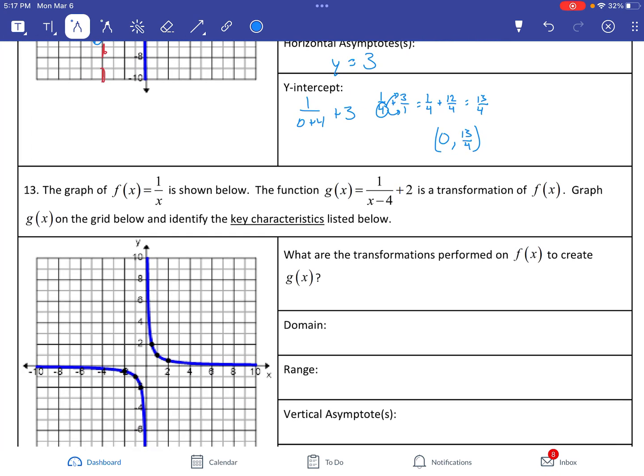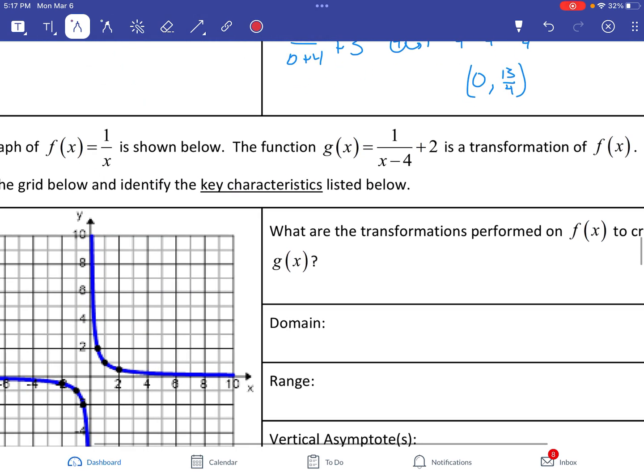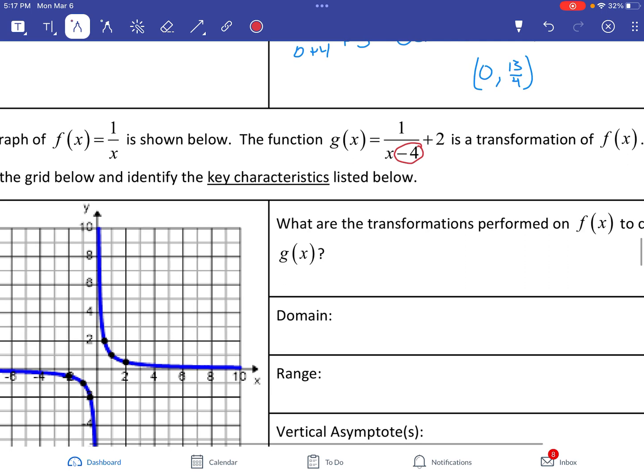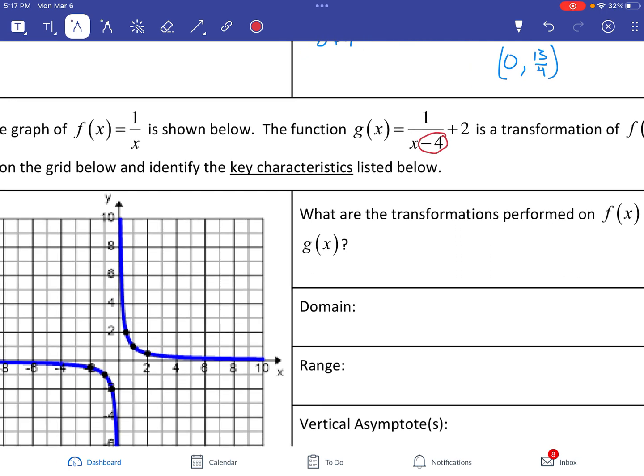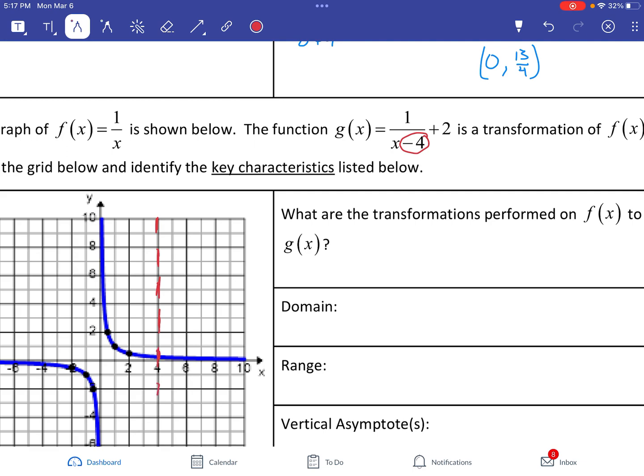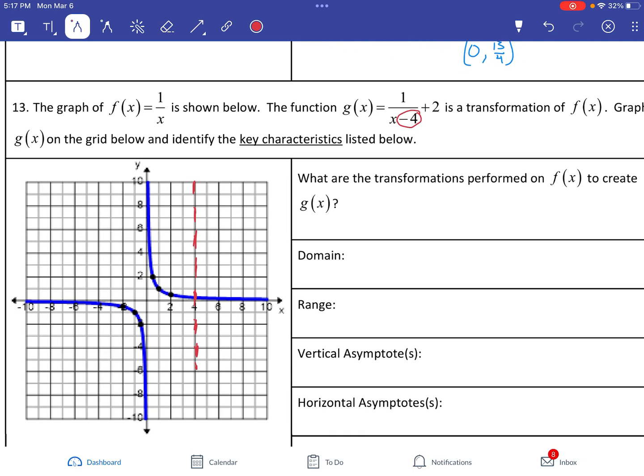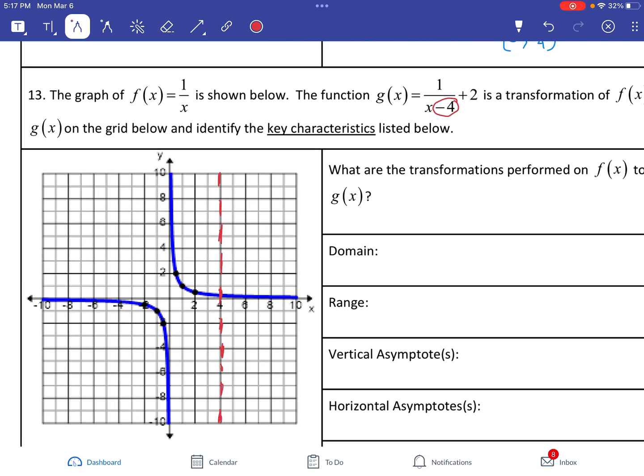Again, we're doing a new graph based on some transformations. Our first part is -4. That's going to make our graph go to the right by 4, which means our vertical asymptote moves over by 4 spots. So here's my new vertical asymptote. The +2 means I'm going to move my horizontal asymptote up by 2.